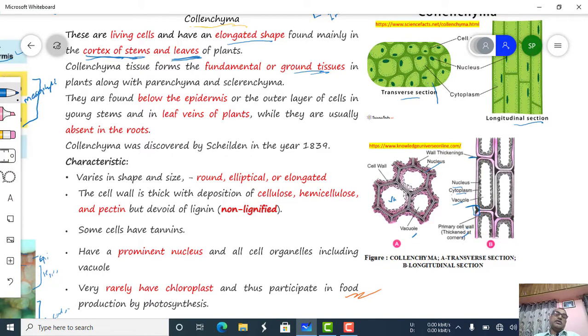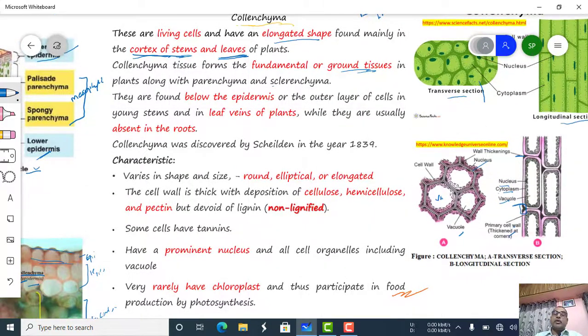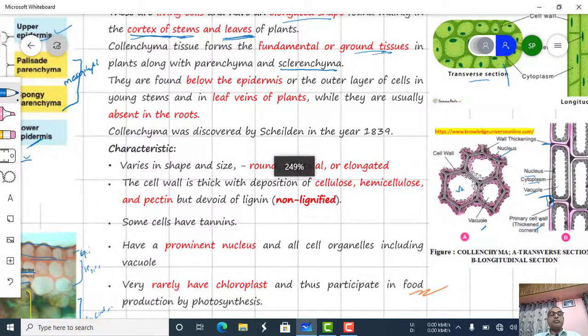No doubt, parenchyma is the simple primary type of tissue which is present in the cortex region and pith region. Along with the collenchyma, one more simple permanent tissue called sclerenchyma is also present in the ground or fundamental tissue system.